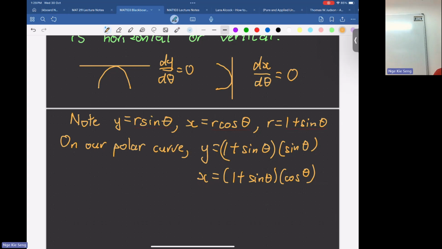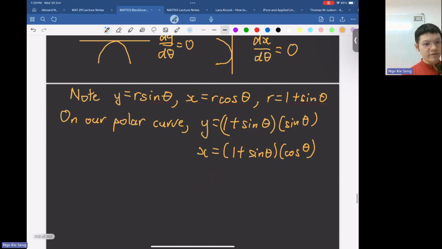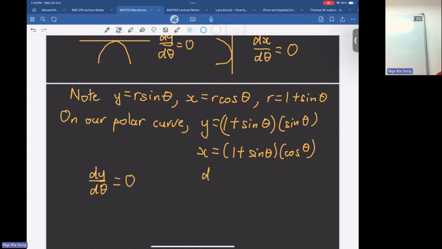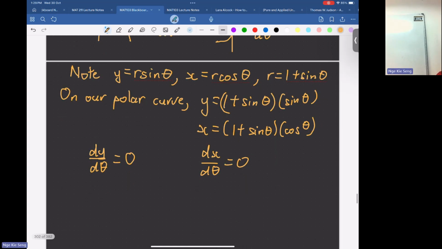Okay, so if you try and do differentiation and then solve for the equation, let's skip the calculation first. I want to show you something weird first.